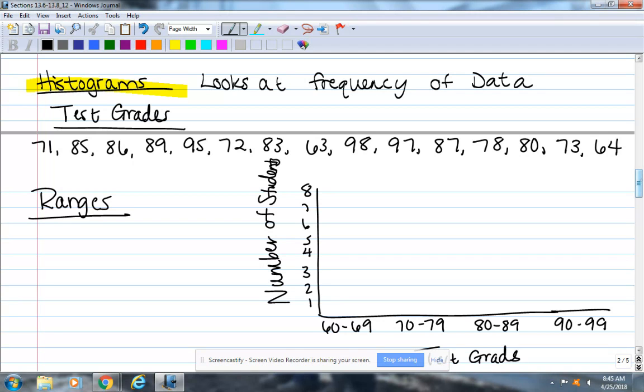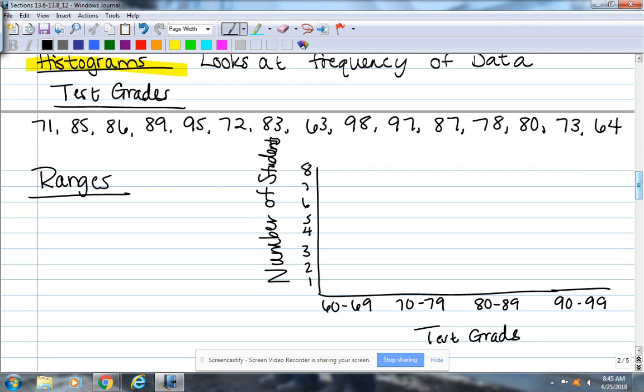So this example is a listing of test grades for a particular test that a teacher gave. And we want to find ranges for our data.